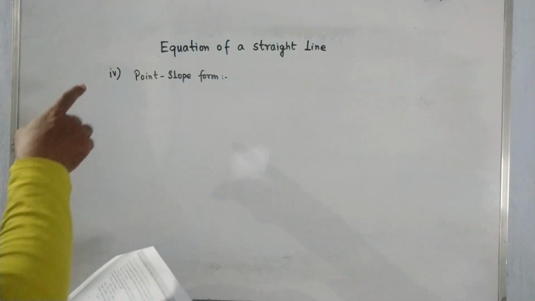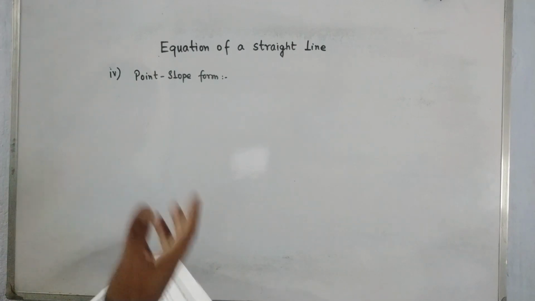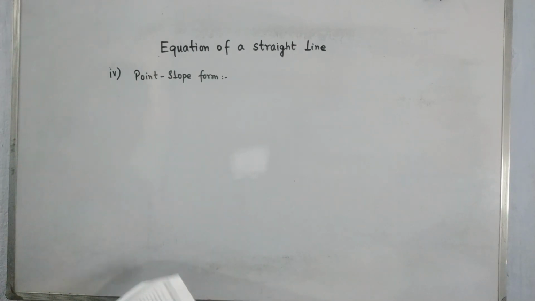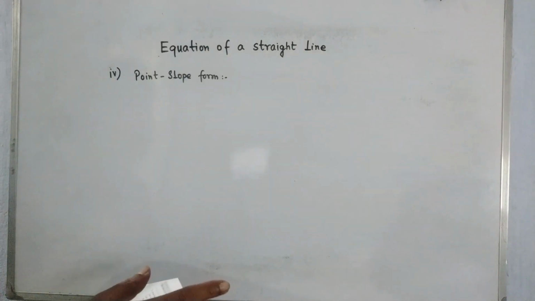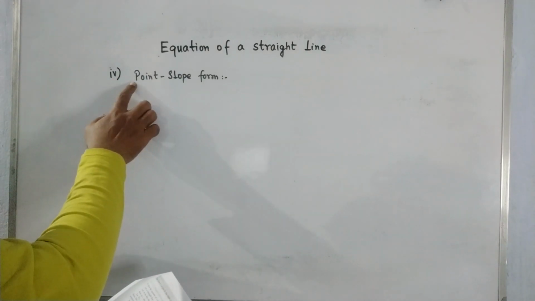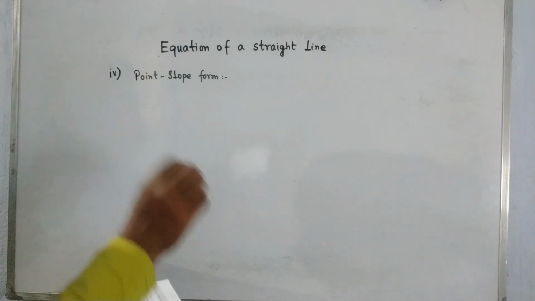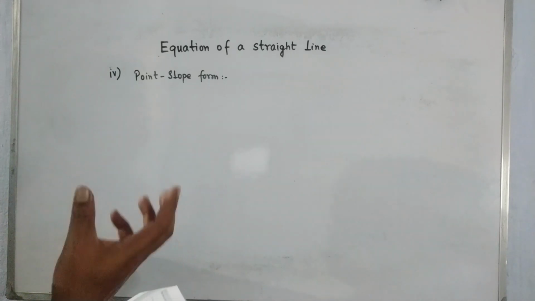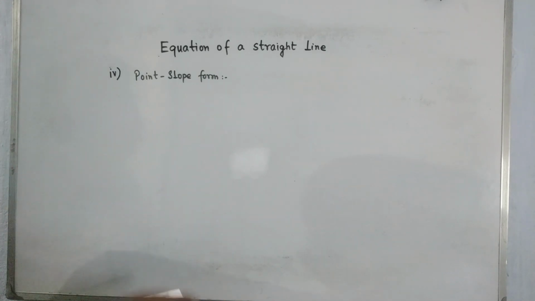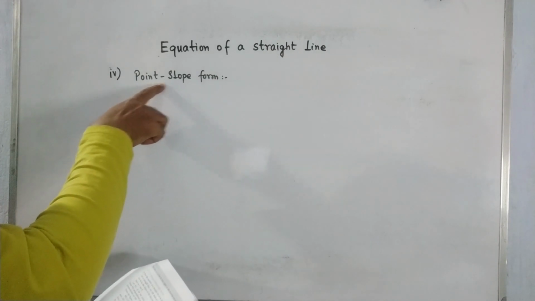Now the fourth kind of equation of a straight line is the point slope form. That means you are given a point and the slope, and you have to find the equation of the straight line which is passing through the point and having the slope.